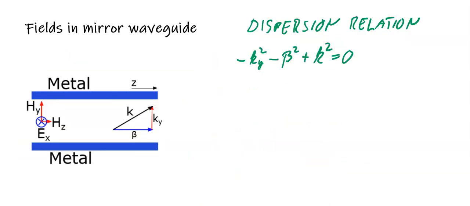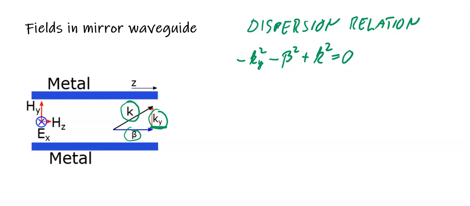The dispersion relation is this, and it's visualized inside the waveguide by relating the wave number, propagation constant, and transverse wave number. Note that the transverse wave number is the normal component of the wave number in our previous thin film formalism involving the plane waves at the interfaces.